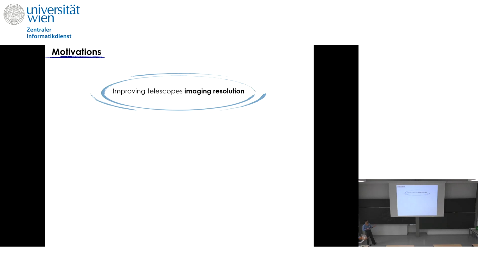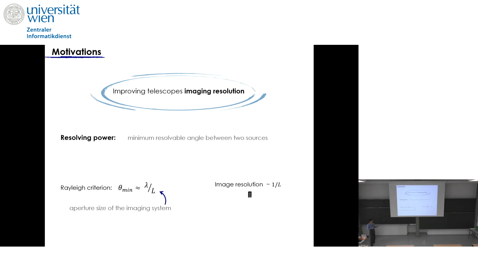Okay, the general goal for telescopes is to improve the imaging resolution. So how do you define the imaging resolution? In general, this is defined in terms of the resolving power of your imaging apparatus.